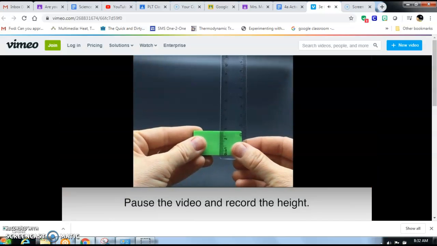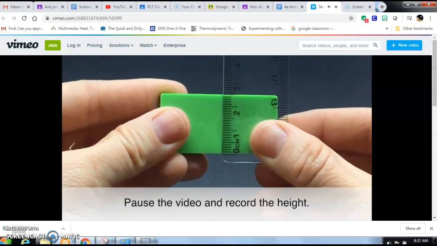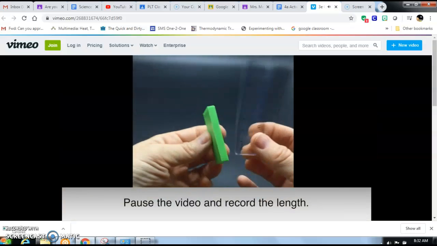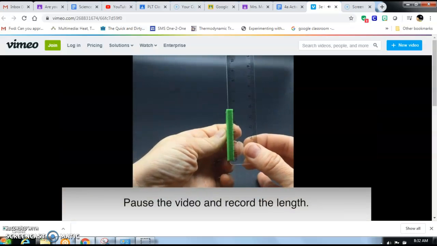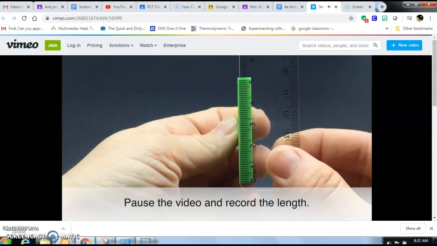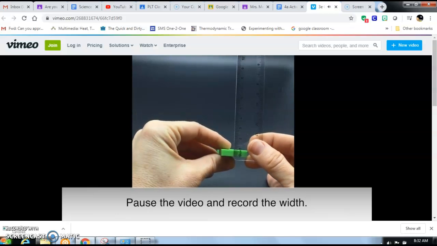Polyvinyl plastic. Pause the video and record the height. Pause the video and record the length. Pause the video and record the width.